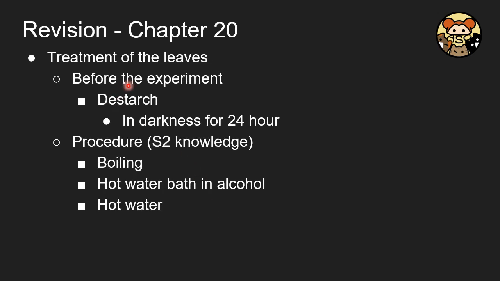In order to test for the presence of starch, we have to treat the leaves first before the experiment. That is what we call destarching, and the plants will be put in darkness for 24 hours. It is actually something you learned in S2.